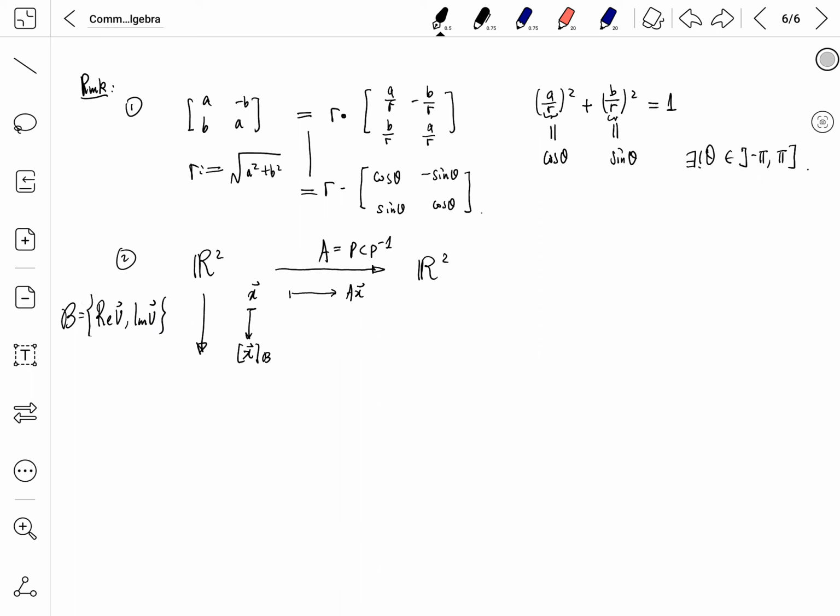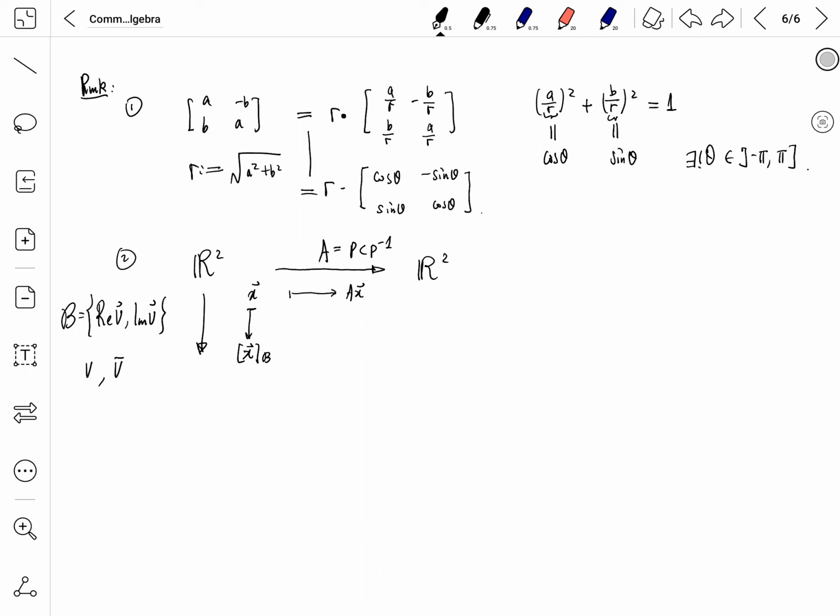You can show that V and V conjugate are linearly independent because they correspond to different eigenvalues, and obviously the span of V and V bar is the same as the span of the real part of V and the imaginary part of V, as a basis of the complex vector space.